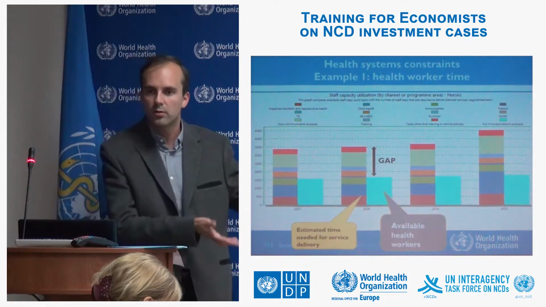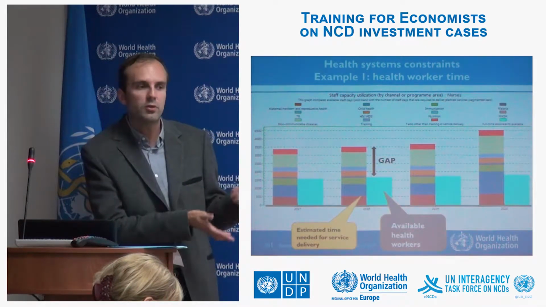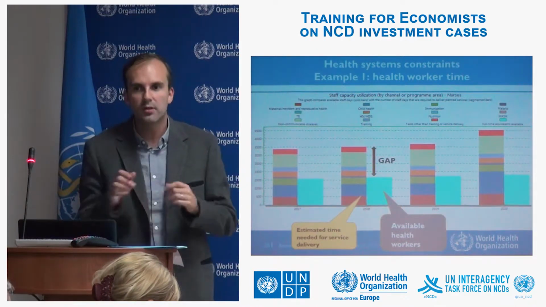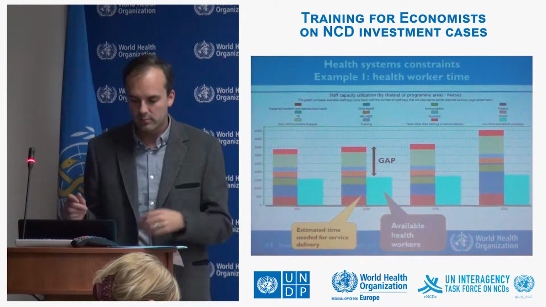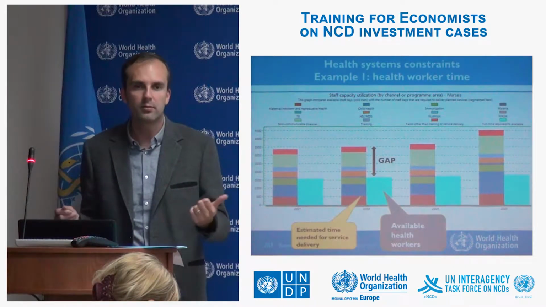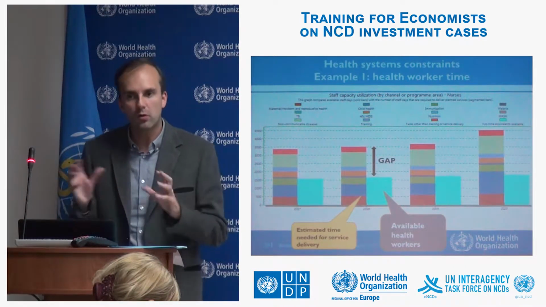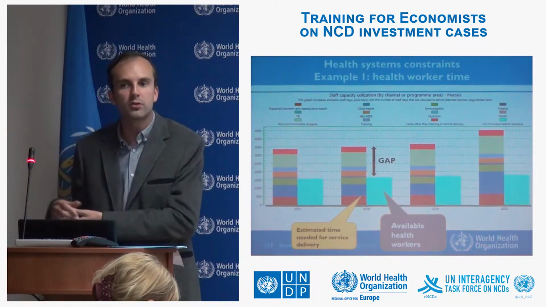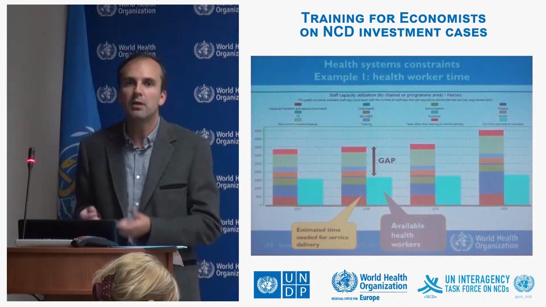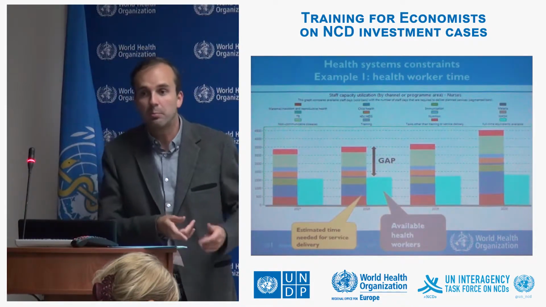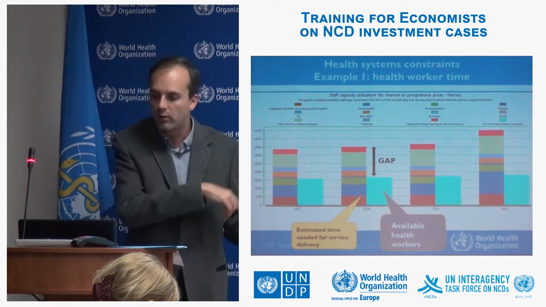We put together on the left side of the bars the time you need for the different health programs, and on the right the number of health workers you already have. You can see that there's a gap, so even from the start you are already planning to be a bit more ambitious than you can be. Looking at this makes you think, maybe I also need to put more investment on the building block side, on the health worker side.